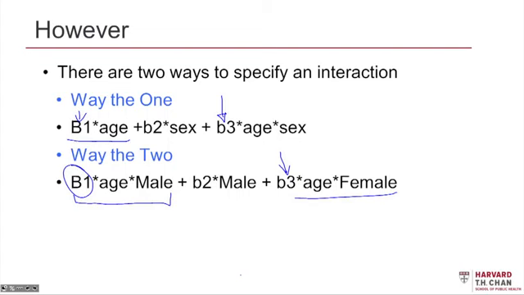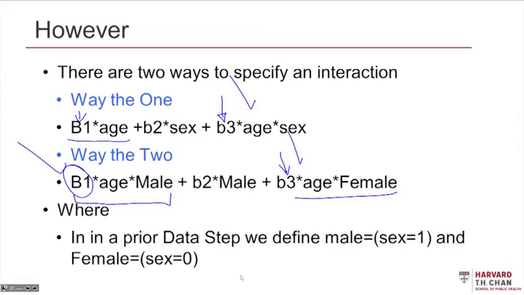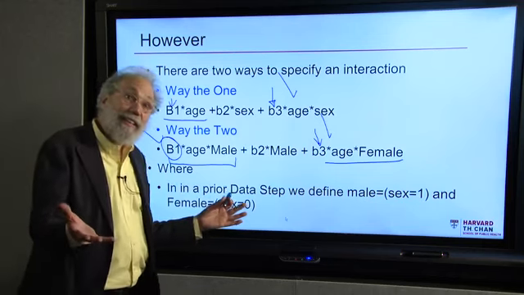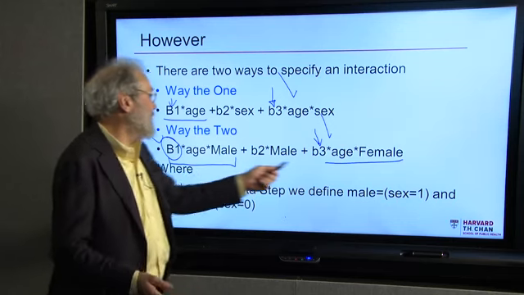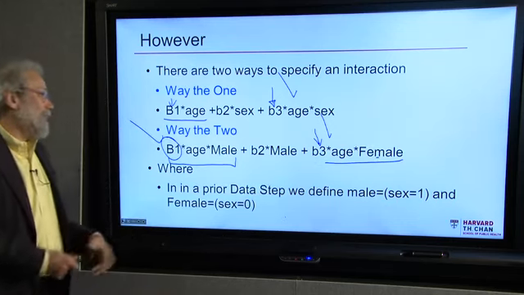And you get the p-value from here, and you get the confidence intervals from there. And then you don't have to figure out how to multiply or take the square root on your cell phone. And to do that, you have to do a data step in SAS and create these additional variables, male and female, which you do that way.